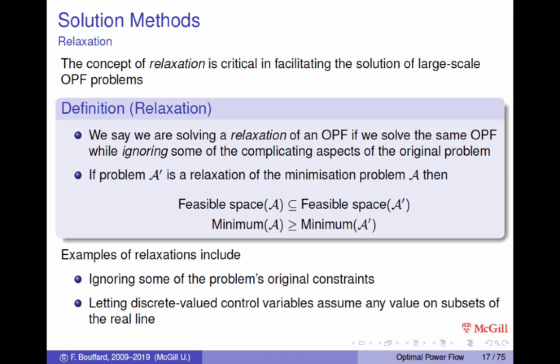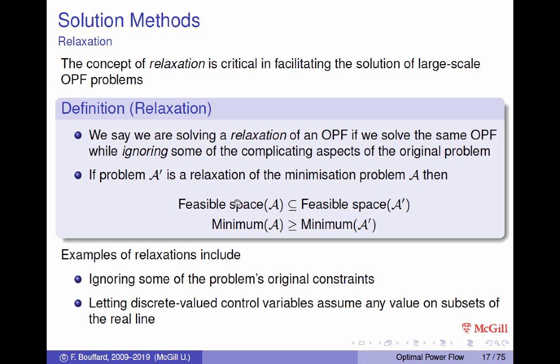A relaxation of an optimal power flow problem, or any optimization problem, is one where we solve an OPF problem in which we ignore some of the complicating aspects. So clearly, if a problem, which I'll call A prime, is a relaxation of the problem A, then the feasible space of A is a subset of the feasible space of A prime.